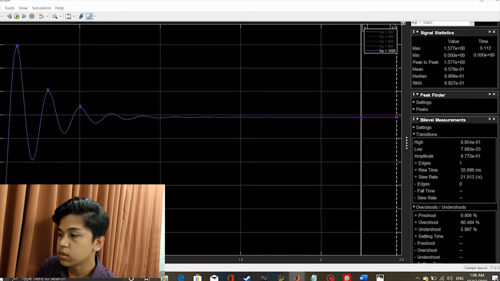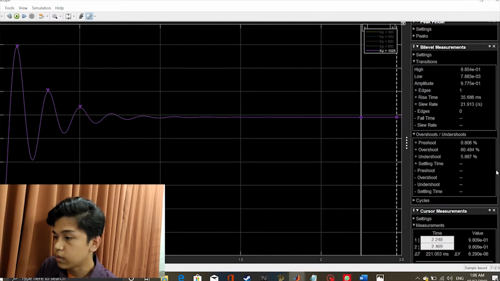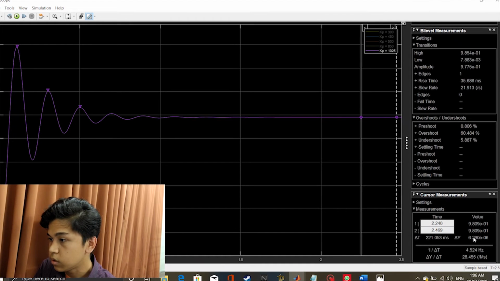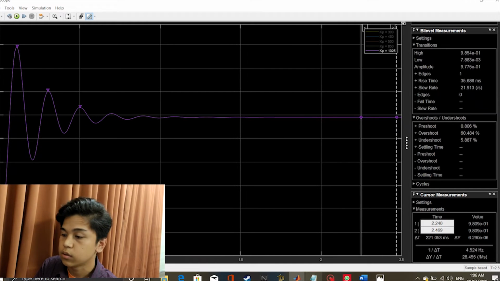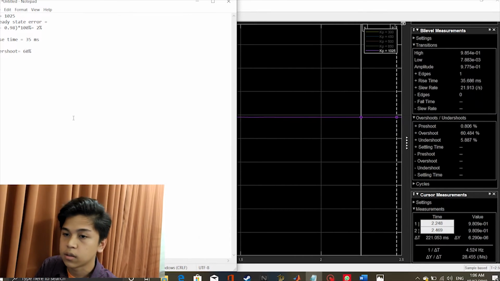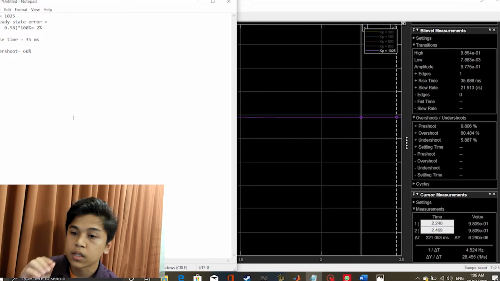The steady state error required is below 2%. We get the final value of 0.98, so we calculate 1 minus 0.98, multiply by 100%, and get 2% for the steady state error percentage.